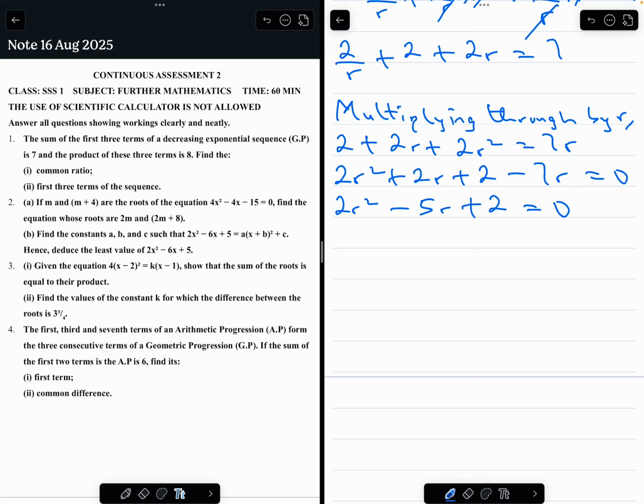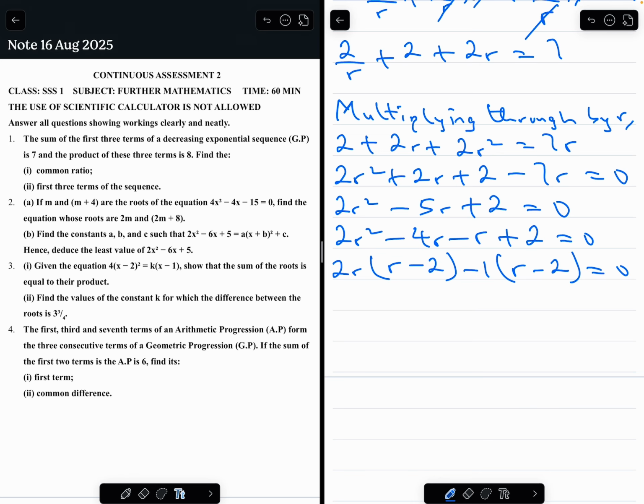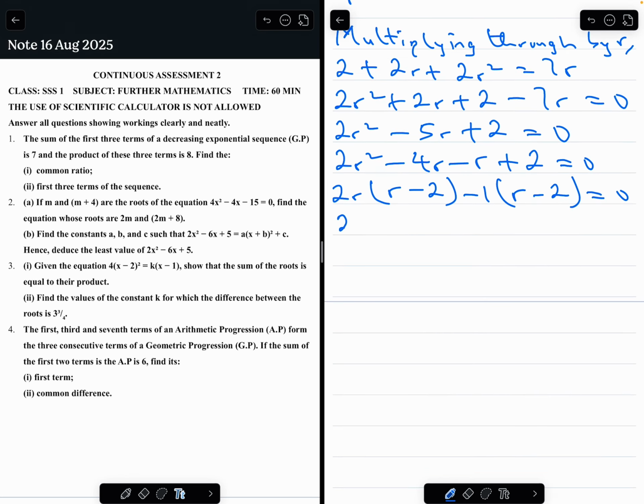Now I can solve our equation by the factorization method, and that means 2R squared minus 4R minus R plus 2 equals 0, which simply means 2R into bracket R minus 2, minus 1 into bracket R minus 2 equals 0. And that means 2R minus 1 times R minus 2 equals 0.